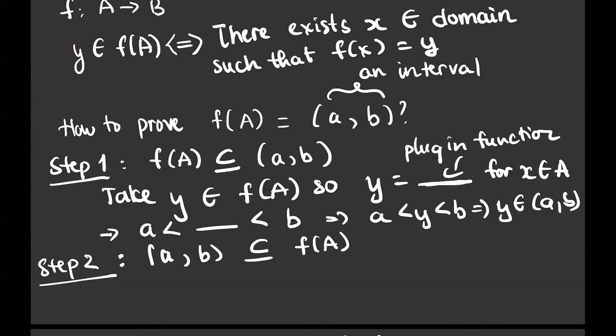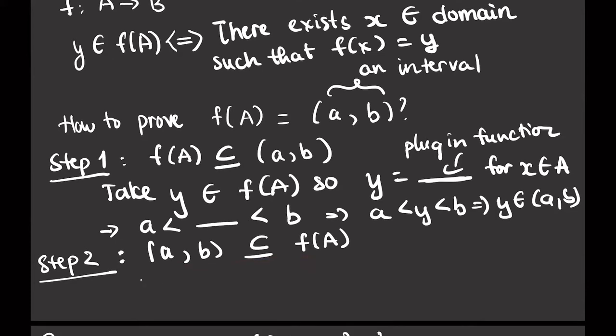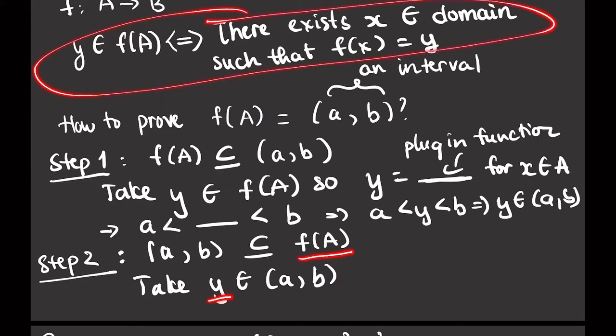And in the second step, we want to prove that the interval is a subset of the image. Then we have to take some element from the interval. And in order to prove the element is in the image, we use this definition.